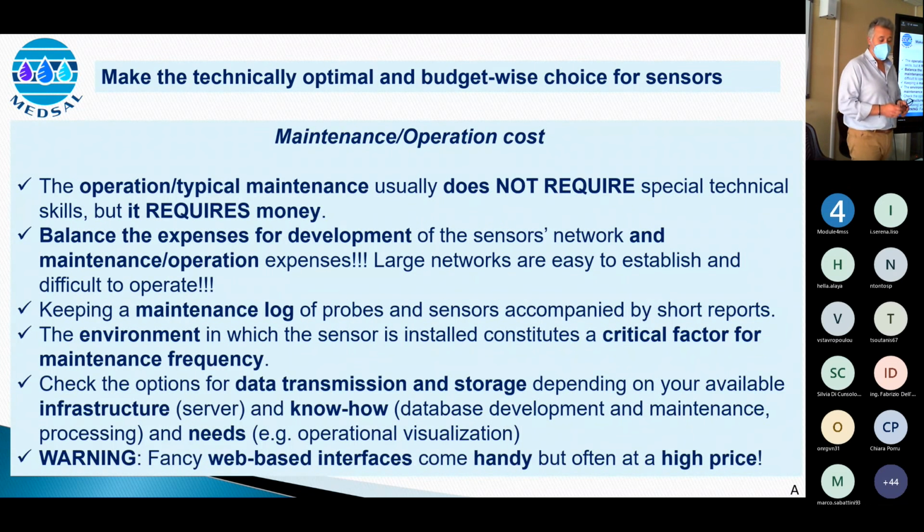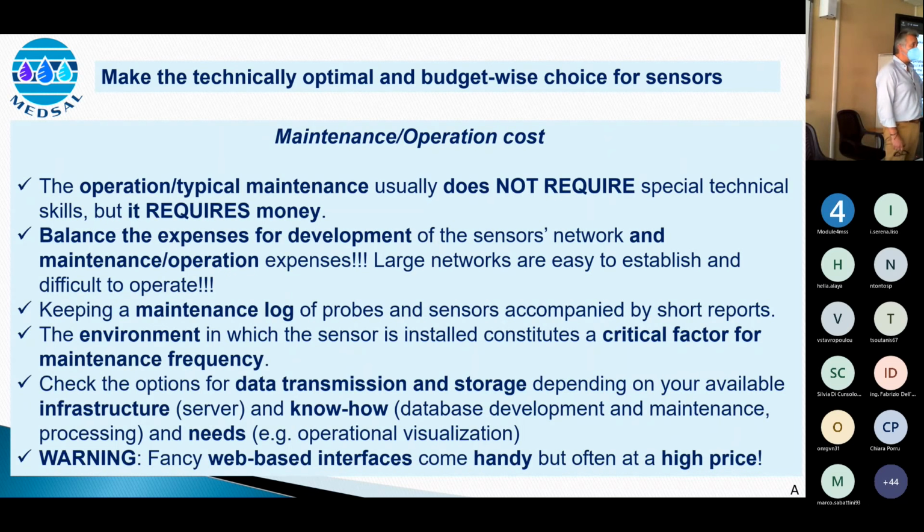Right, and then you have the maintenance, the operational cost. Don't disregard this, because it can be very big. And if you haven't taken account of it, you might ruin the entire operation. So the typical operation maintenance usually does not require special skills, but it requires money.